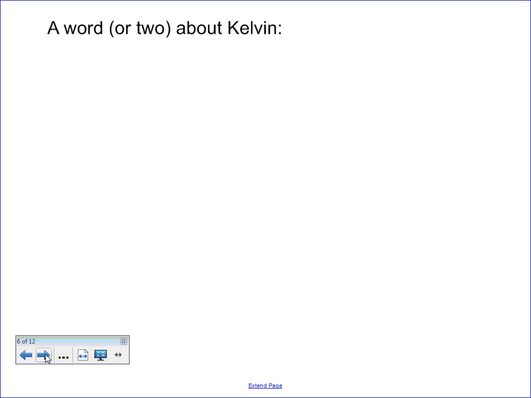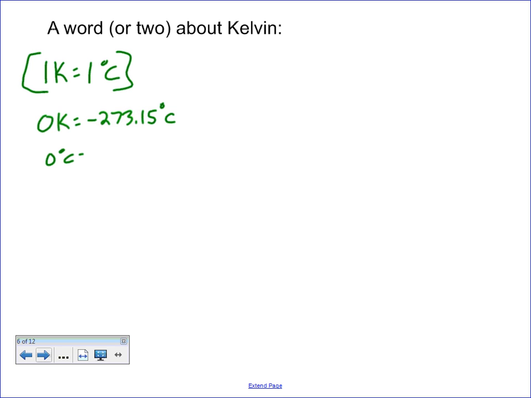Oh, quick word about Kelvin first. Kelvin is a measure in degrees Celsius, the same thing, so 1 Kelvin is equal to 1 degree Celsius in terms of gradations. But 0 Kelvin is equal to negative 273.15 degrees Celsius. So 0 degrees Celsius is going to be 273.15 Kelvin. You'll notice that when I'm talking about Celsius or Fahrenheit, we actually say the word degrees.